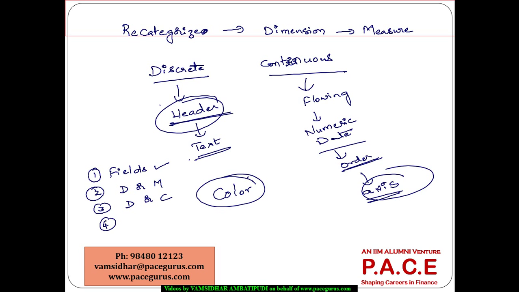If possible, do some experimentation in terms of changing from discrete to continuous and vice versa, and that is where you gain a lot of understanding, because Tableau takes care of the differentiation in the way it is presenting this particular data. It is summarizing and making you visualize the data in a different way depending on which category the data is falling into. So a quick experimentation can give you enough understanding about the visualization process.